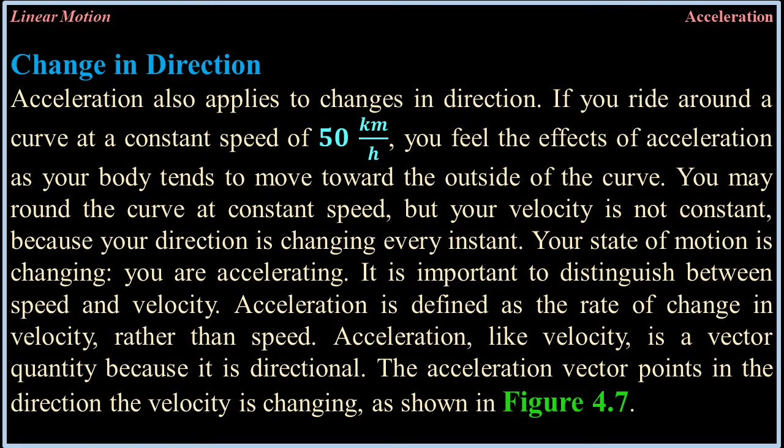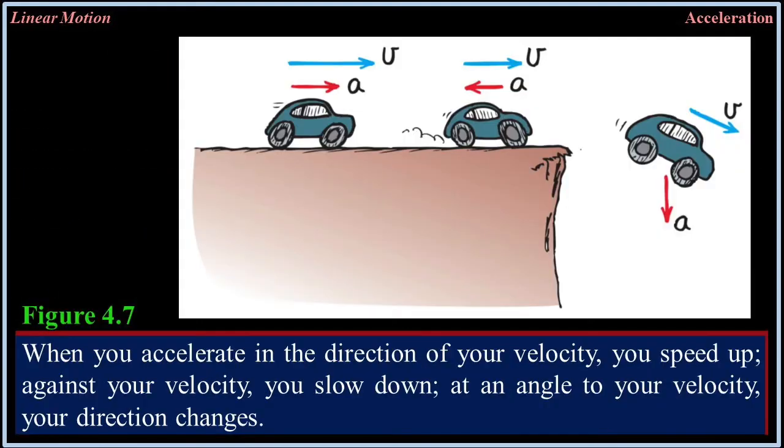Acceleration, like velocity, is a vector quantity because it is directional. The acceleration vector points in the direction the velocity is changing, as shown in figure 4.7, which is the next slide. When you accelerate in the direction of your velocity, you speed up.